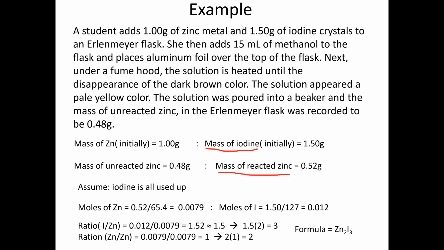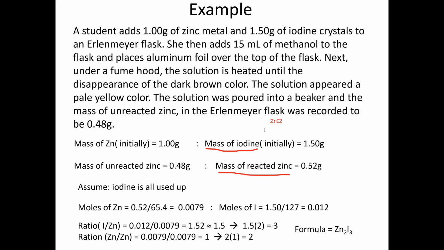Now, obviously, this is incorrect because we all know the formula of zinc iodide is ZnI2. So one thing you want to look out for, and this will help you in your analysis of the error, is when you're drying the product, keep your observations to note if you see any pink or purplish color in the product.